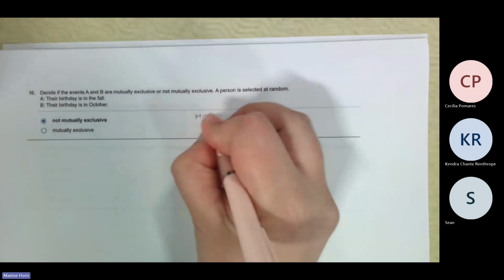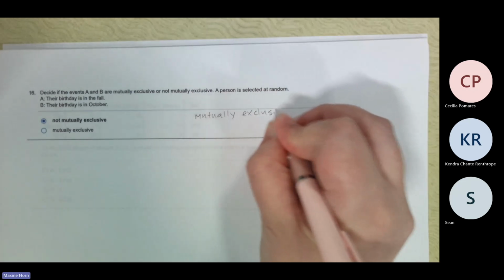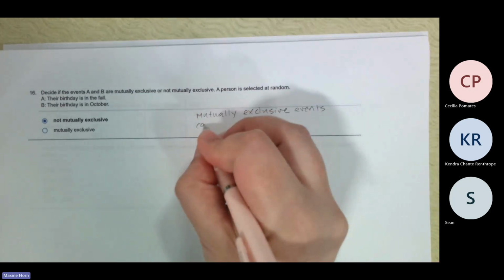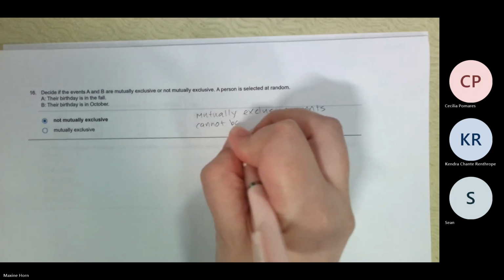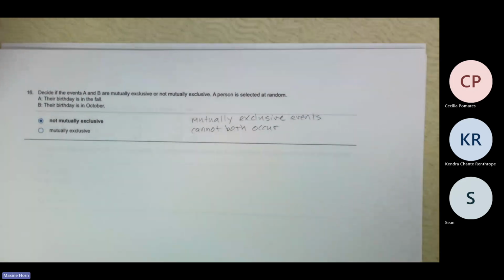If things are mutually exclusive, events cannot both occur. They exclude each other. They mutually exclude each other. They are mutually exclusive if they can't both occur at the same time.